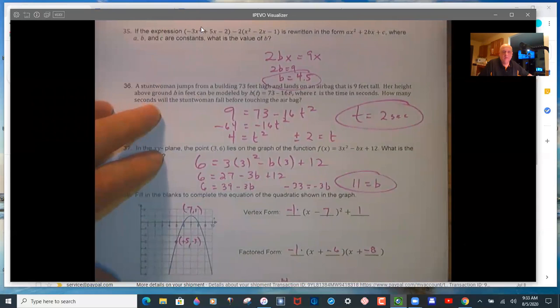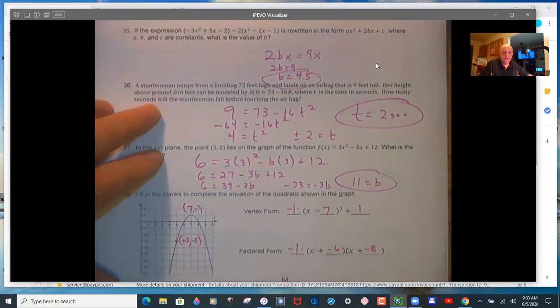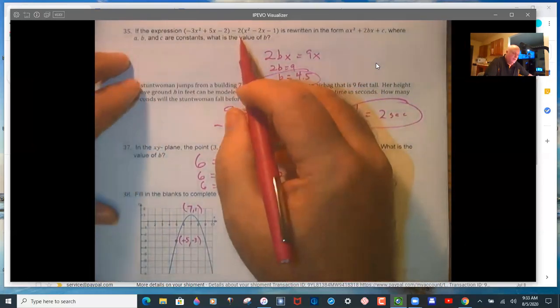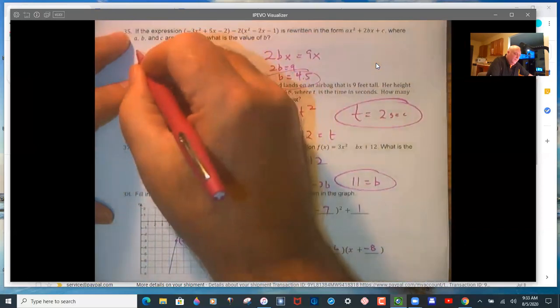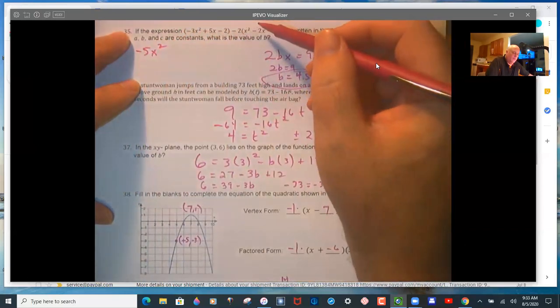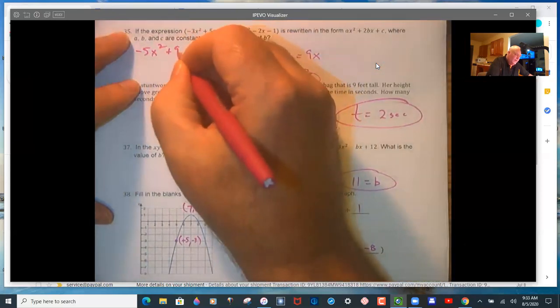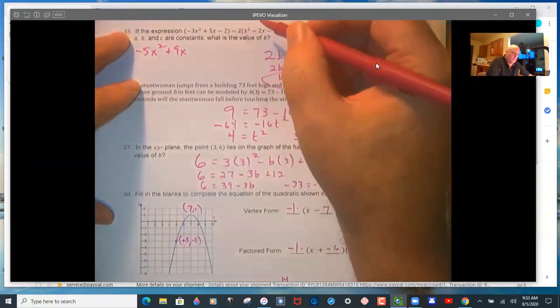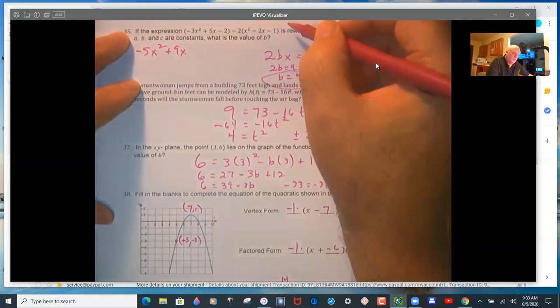In this form, what this problem is asking you to do is to combine like terms and then match up coefficients. So actually let me do that. So you would have negative 5x squared, and then 5x plus 4x would be 9x, and then negative 2 plus 2 would be 0.